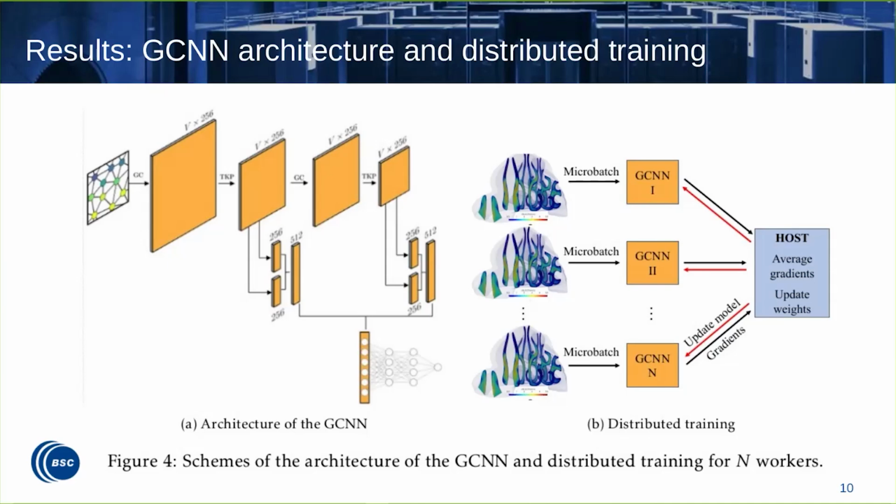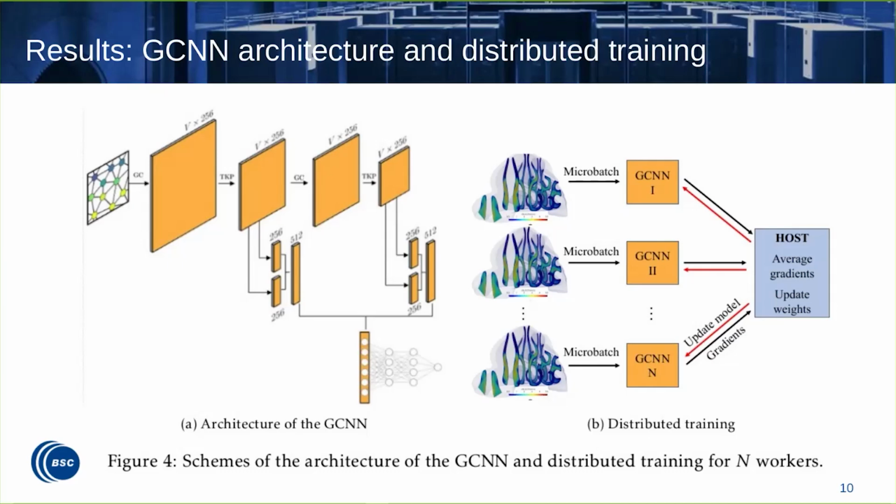This is on the left, and on the right you see the distributed training framework that we used. The Jülich supercomputer team developed an open source framework to run the training in a parallel way. Basically, we distributed the data set.